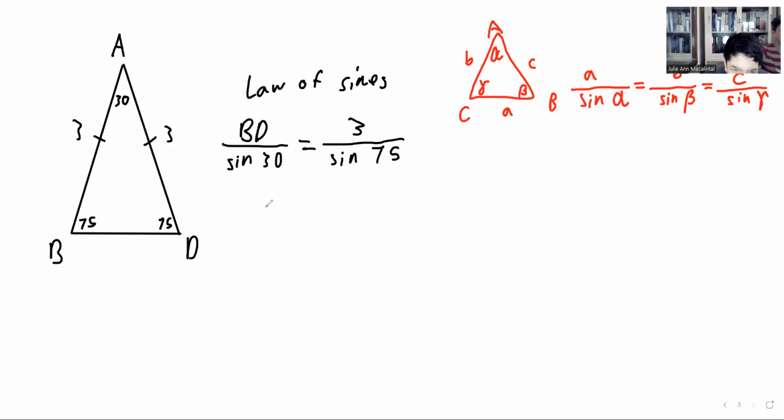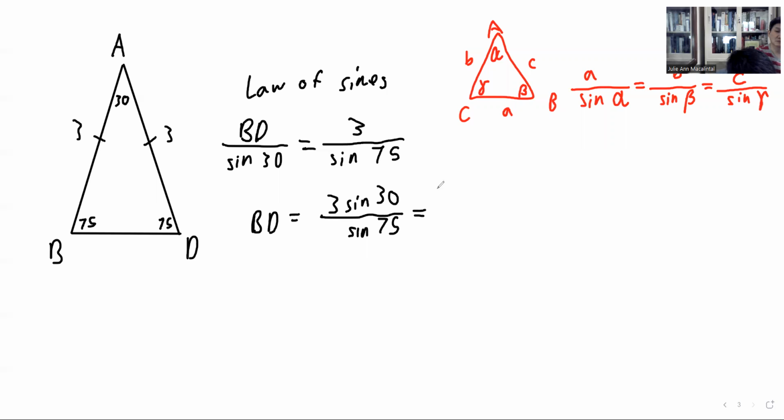So we can isolate BD: BD equals 3 sine 30 over sine 75.